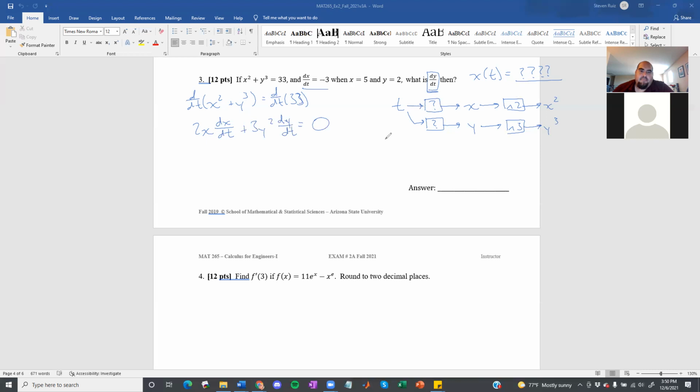X is 5. So 2 times 5 times -3 plus 3 times 2 squared times dy dt equals 0. Then you'd get -30 plus 12 dy dt equals 0. So dy dt is equal to 30 over 12.